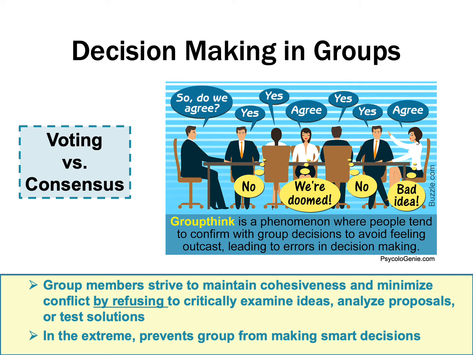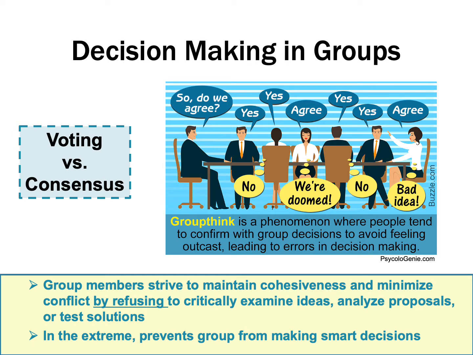So groupthink is a big factor in preventing us from making good group decisions. Groupthink is where people tend to conform with group decisions. You agree just for the sake of avoiding conflict or feeling left out, and it actually leads to errors in decision making.